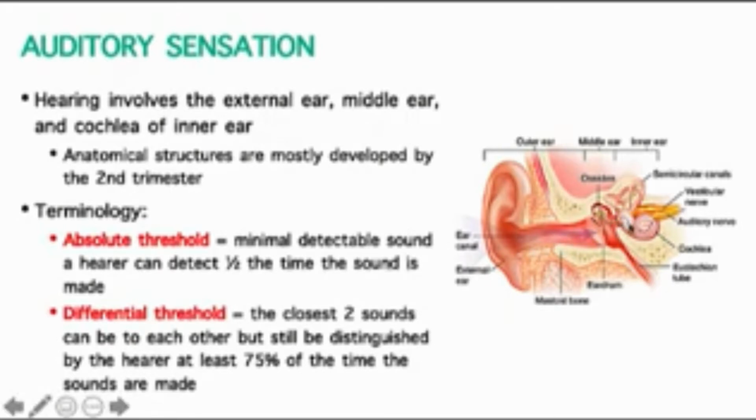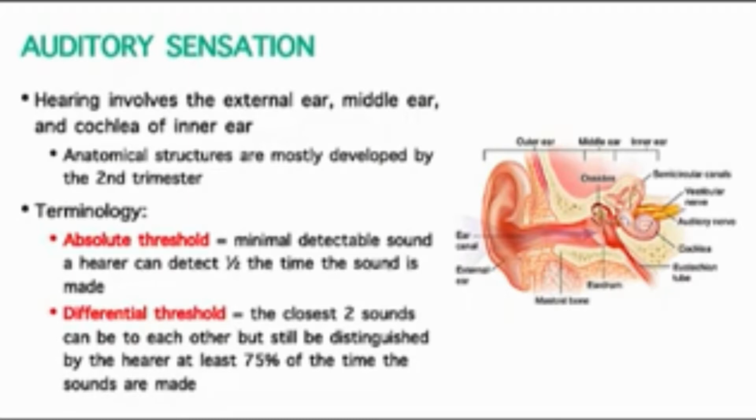Those vibrations cause fluid to move inside the cochlea, which causes hair cells to shift. Those hair cells moving send information through our cochlear nerve, which goes back to the brain. Then we're able to translate that auditory sensation from these hair cells moving into an interpretation, or auditory perception, of sound.